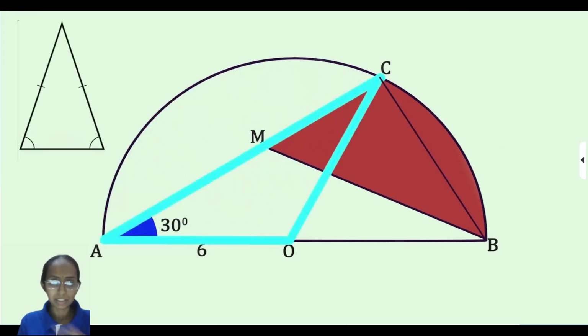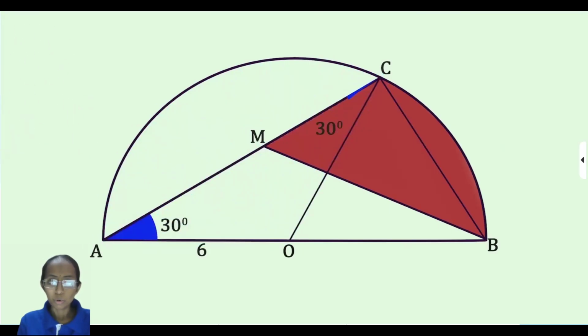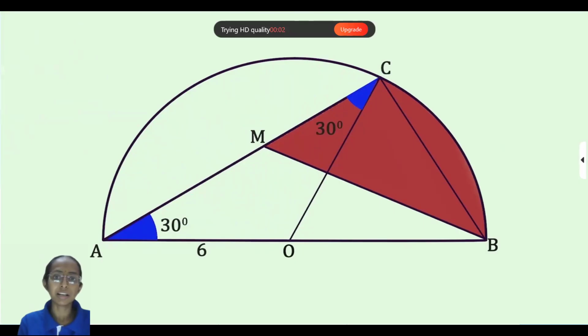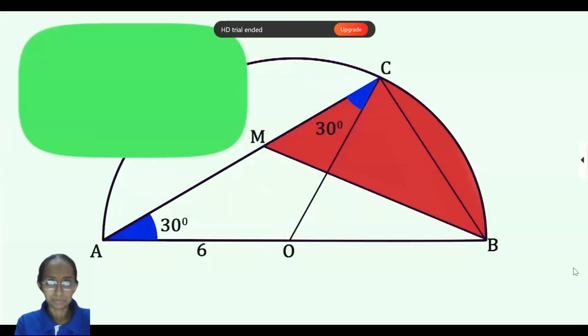So we have an isosceles triangle AOC. So angle A equals angle ACO, again equal to 30 degrees. Angles of an isosceles triangle are equal.